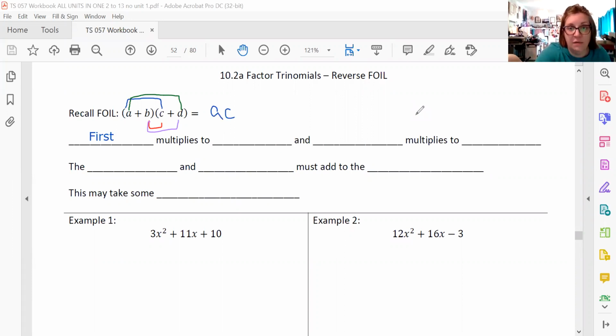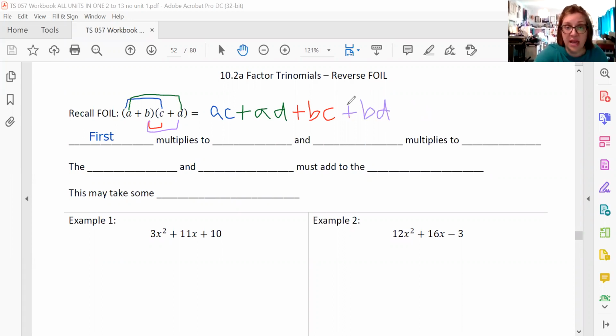And then if I have A times D, that's my second term. Then I have B times C as my third term. And I have B times D as my last one.